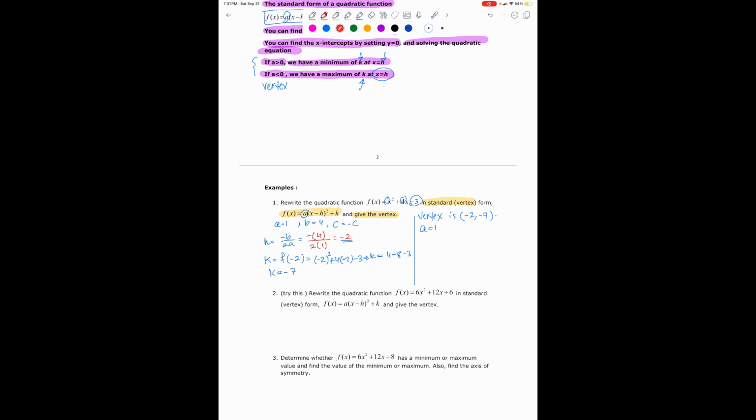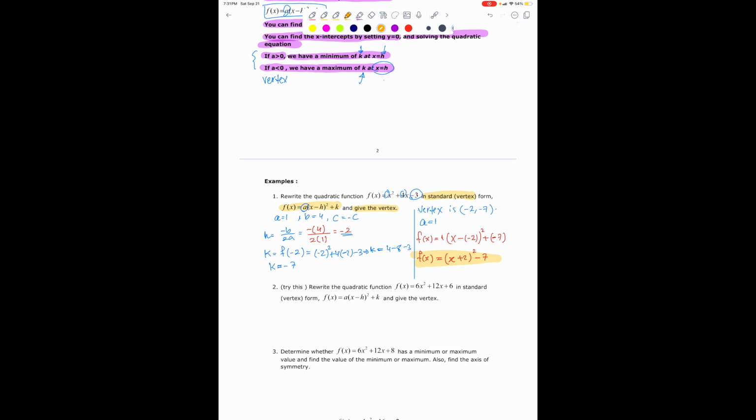Now, the standard form: f of x equals a, which is 1, times (x minus h), so x minus negative 2, all squared, plus k, plus negative 7. I'm going to make it a little bit prettier, so I will simplify. I will have (x plus 2) all squared, negative times positive is minus, so minus 7, and that is going to be the standard form of the quadratic function given to us.